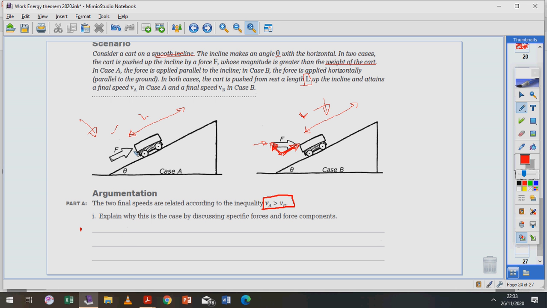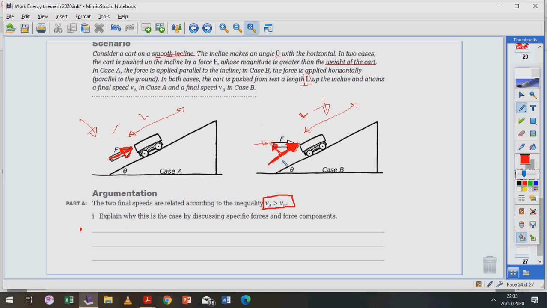Now when you look at this diagram here, the entire force is used to push parallel to the plane, right? But when you look at this force here, only a component of this force will be responsible for horizontal movement of the cart along the plane. Only the horizontal component will be responsible for that.